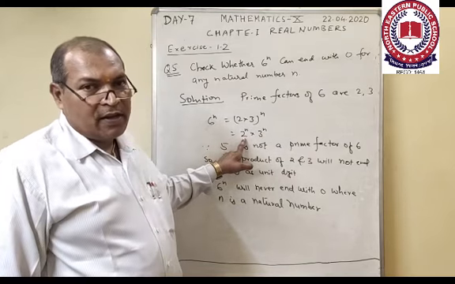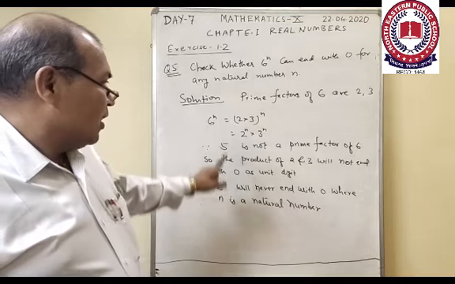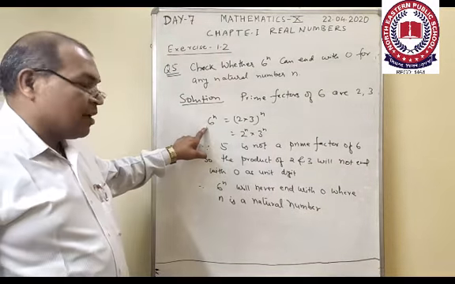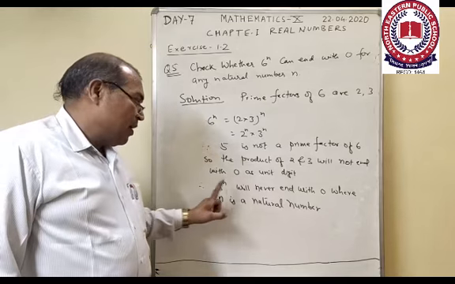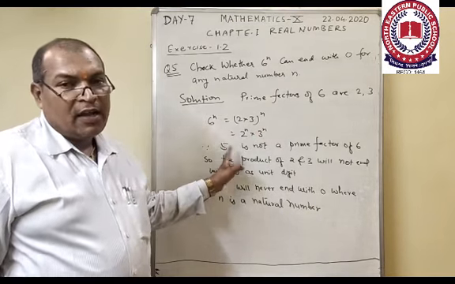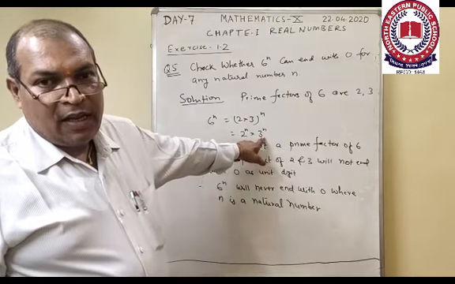Here 2 is the prime factor, it's okay, but 5 is missing from here. Therefore, this product will never be ending with 0. Result is that 6 power n will never be ending with digit 0 because 5 is not a prime factor, only 2 is there along with 3.